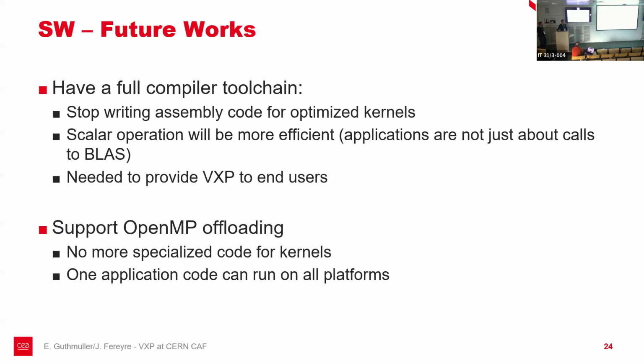It's mandatory to provide this accelerator to our end users, to avoid having to deal with assembly and the hard aspects of VXP programming. And after that, maybe we can think about using OpenMP offloading, because it avoids having separate code for application and kernels. It should be easier to have an application that runs on multiple platforms.